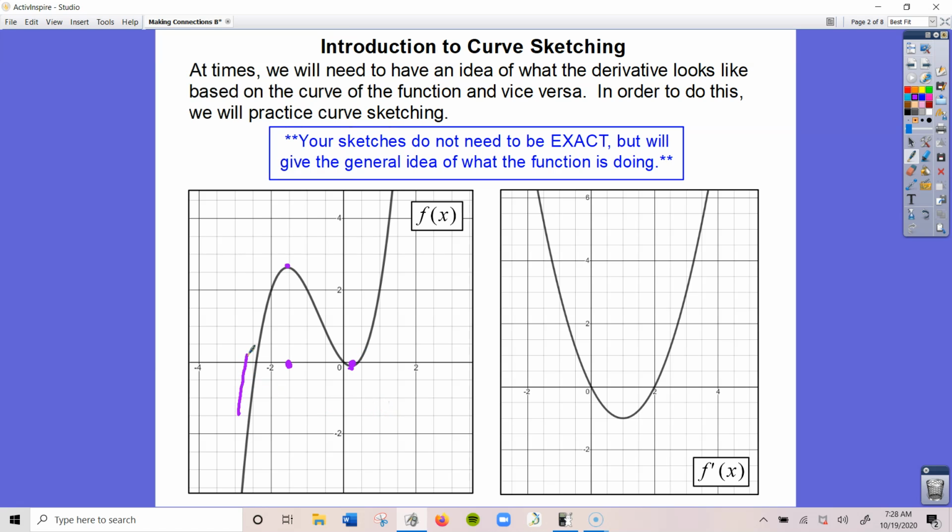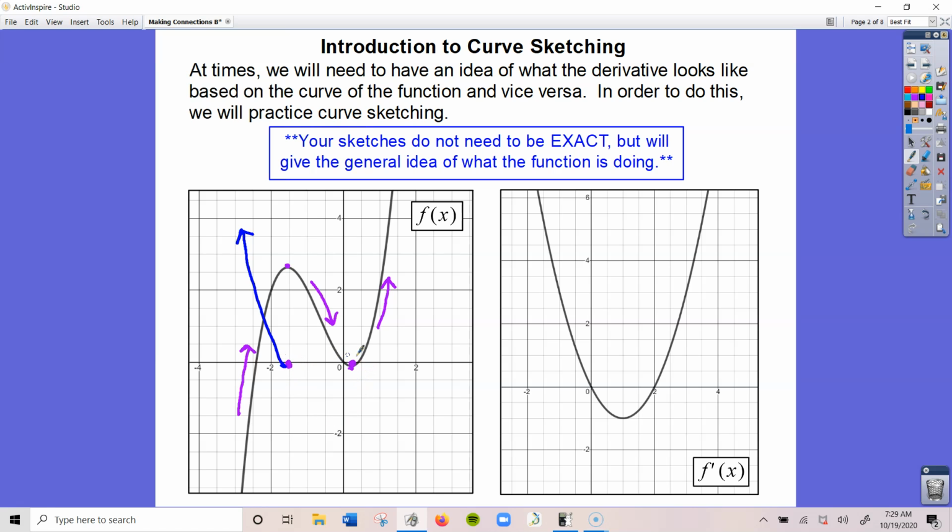Now at first, our graph is increasing, and then it's decreasing, and then increasing again. Now what that means about our derivative is that when the graph is increasing, my derivative is positive. So that means it will lie above the x-axis. In between our two x-intercepts, my function is decreasing, meaning that my derivative is negative, so below the x-axis.